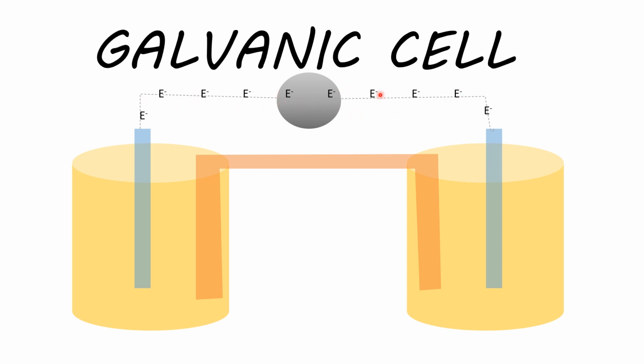These electrons will move in the direction towards the copper rod. The electrons will accumulate at the copper rod. Eventually the galvanic cell runs out, that is, the cell is now expired. This is how this happens.